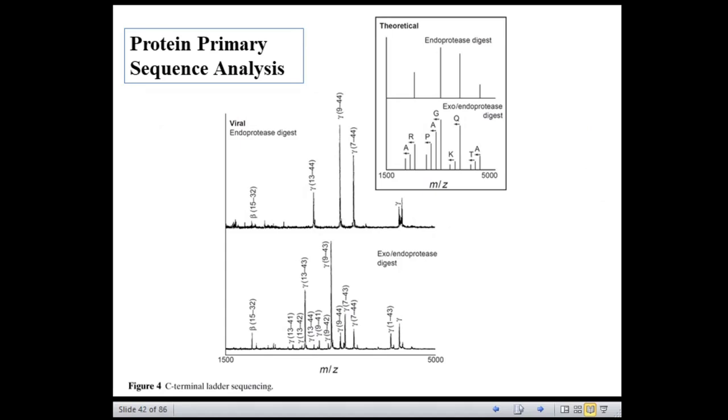Right. Typically, the type of the enzyme or the protease used in the mass mapping approach is supposed to be an endoprotease. That means endoprotease is a protease which cleaves internal residues of the sequence.